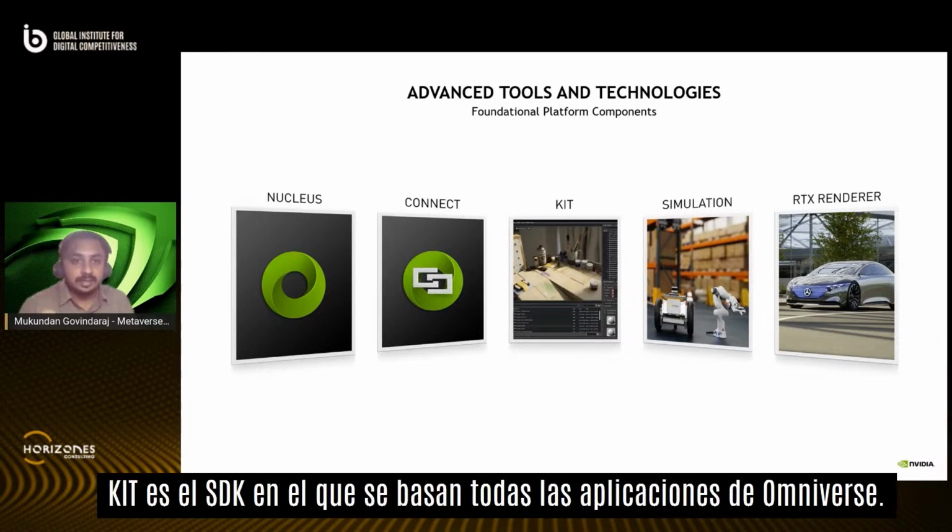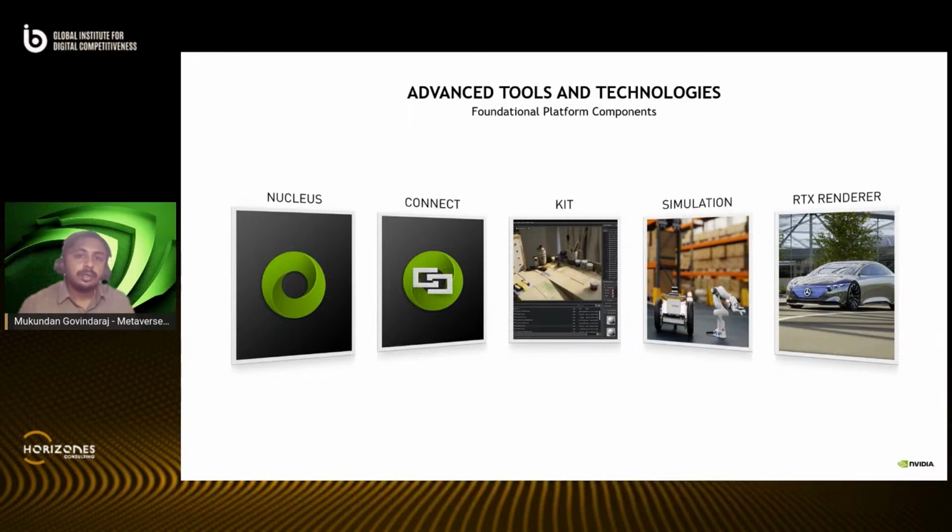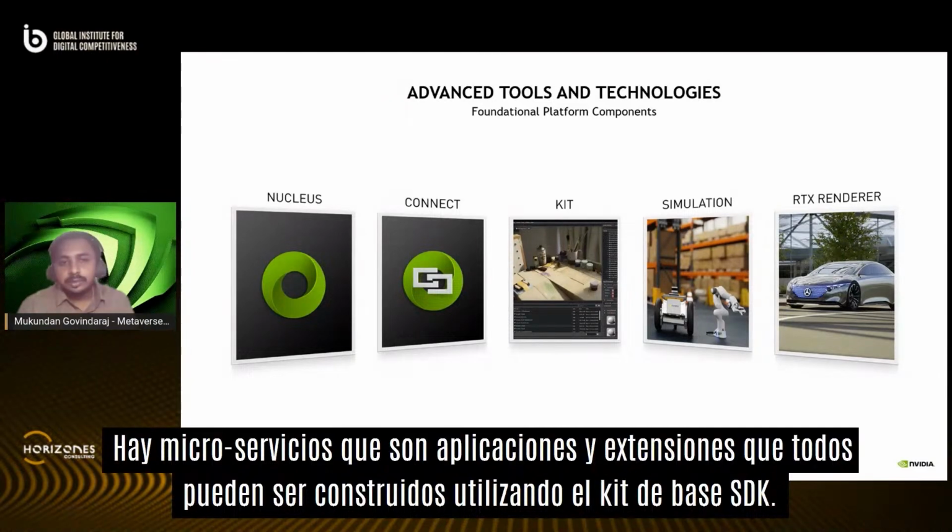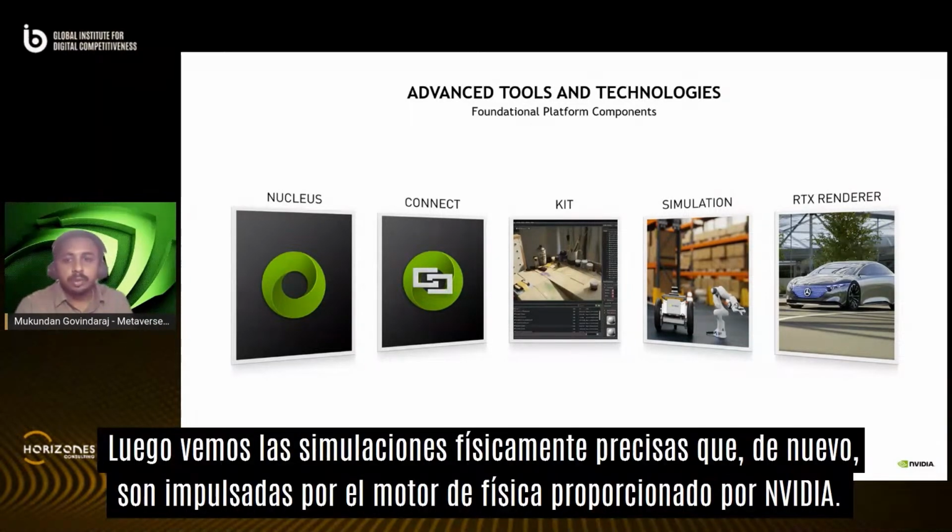Kit is the SDK on which the entire Omniverse applications are built. There are microservices, applications and extensions, which can all be built using the base Kit SDK. Then we are talking about physically accurate simulations, which are powered by the physics engine provided by NVIDIA.